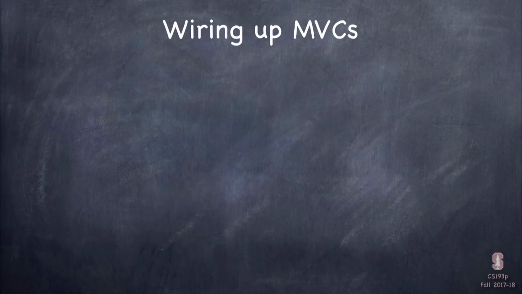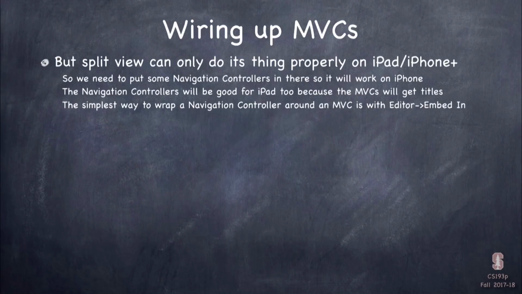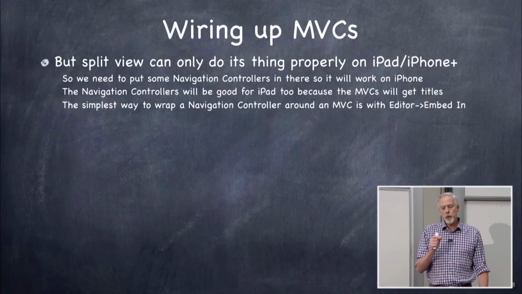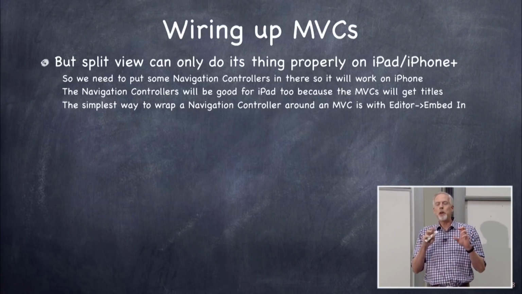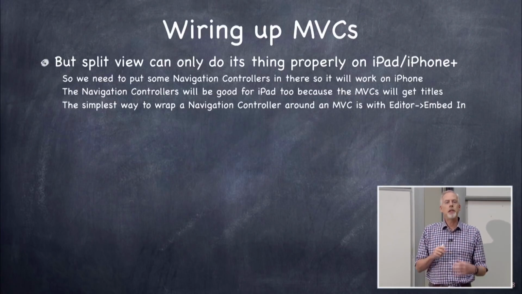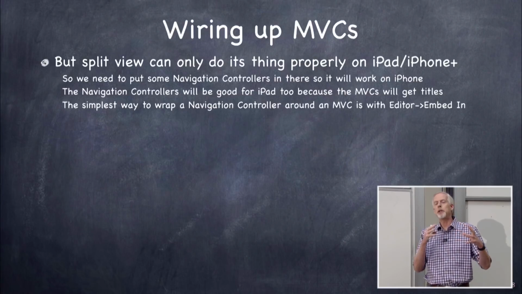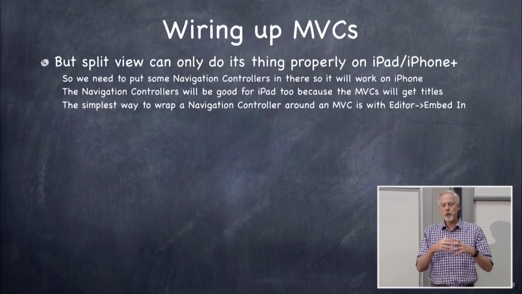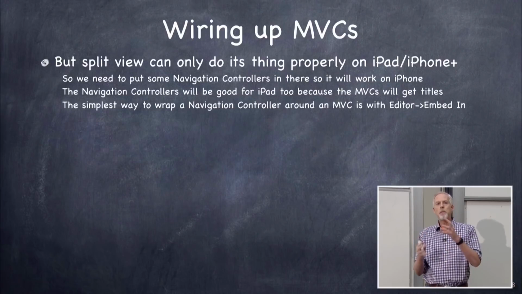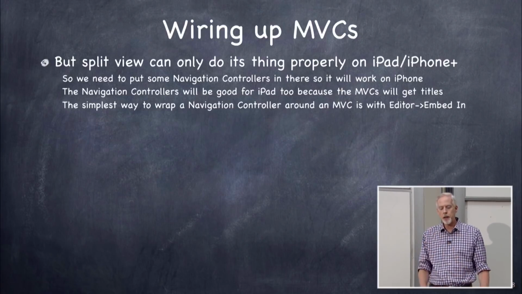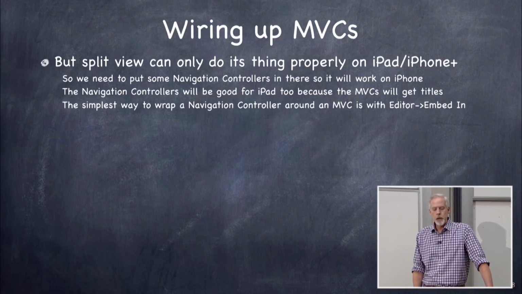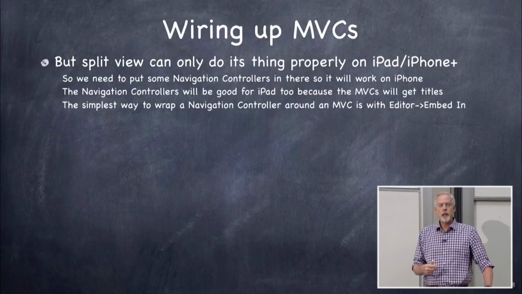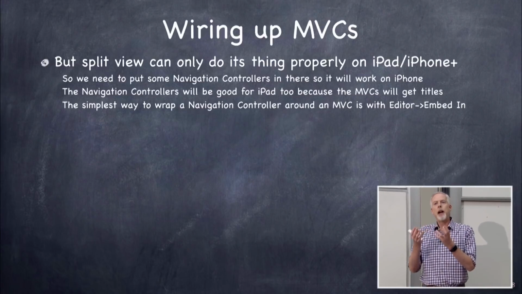Couldn't be simpler. Okay? Now, the split view can really only do its thing fully on an iPad, because there's just not enough screen real estate on other devices to really do this side-by-side thing, especially the portrait mode slide out thing. There's just not enough room there. So what we often do is wrap the master in a navigation controller.